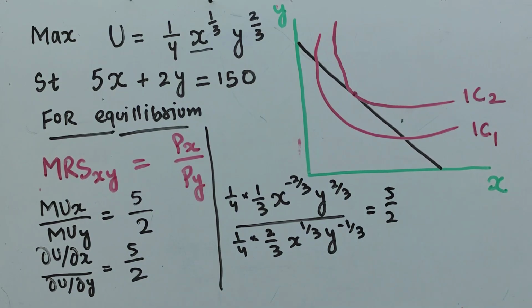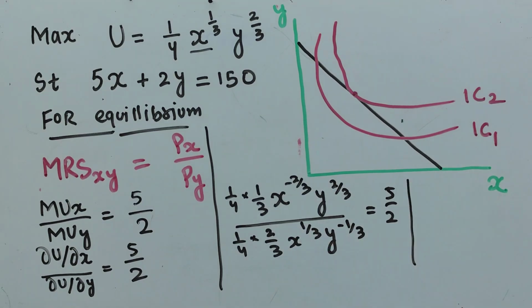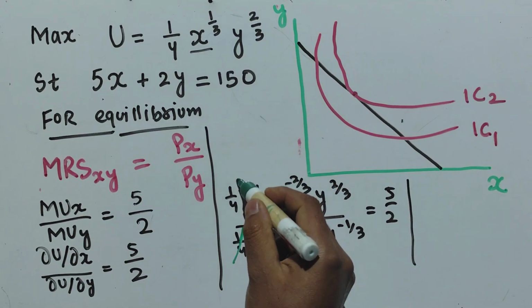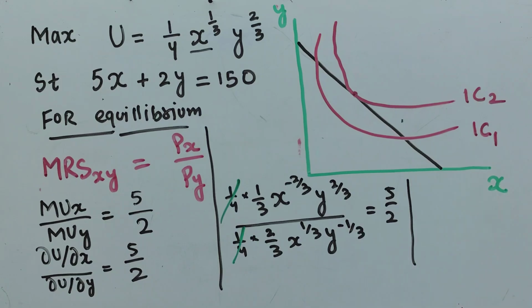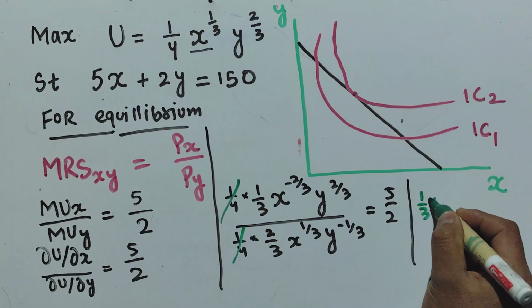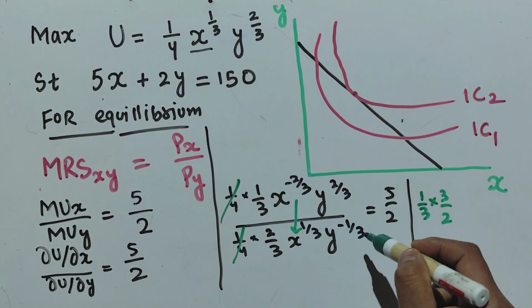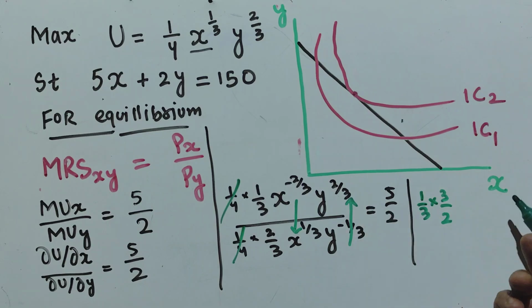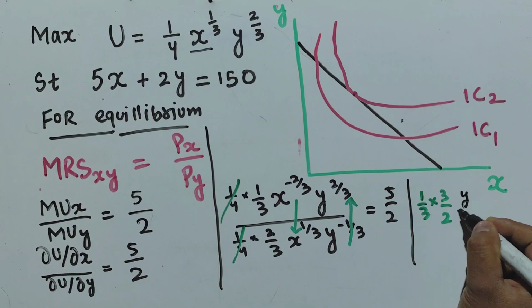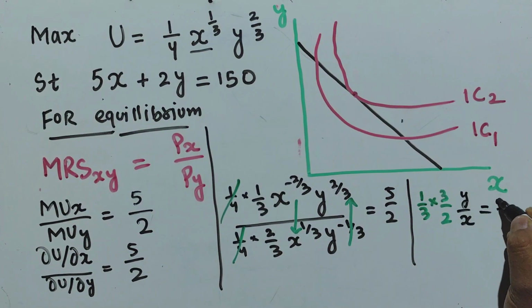Okay, that means, let me solve it further. So 1/4 gets cancelled. So here we have 1/3, transposing this, it becomes 3/2. And if I transpose this x to the denominator, this y to the denominator, you can check it out by yourself. It will become y upon x equal to 5 upon 2.